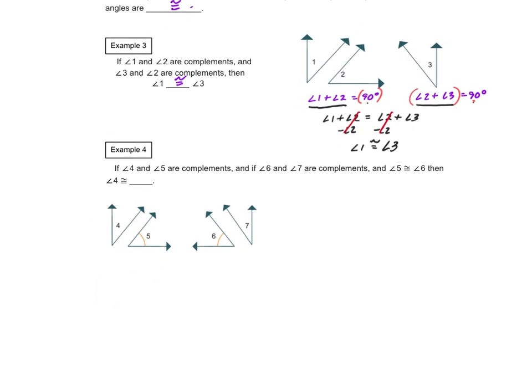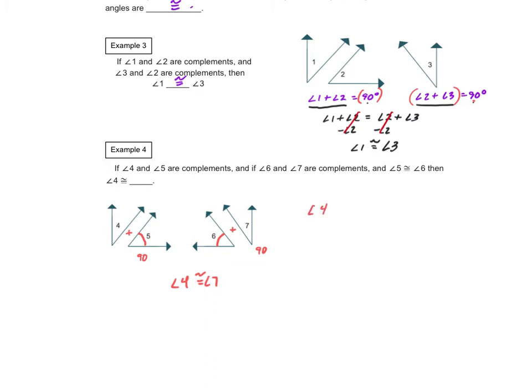Now, doing that same example here, if angle 4 and angle 5 are complements, and angle 6 and angle 7 are complements, and angle 5 is congruent to angle 6, then if 4 plus 5 is 90 and 6 plus 7 is 90, 4 must equal 7. So angle 4 is congruent to angle 7. And we can do the same thing.